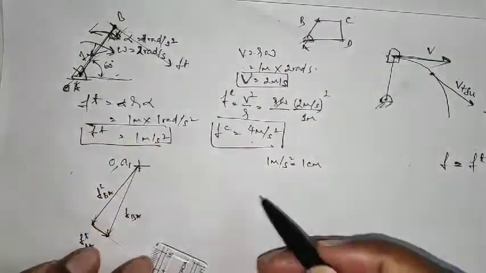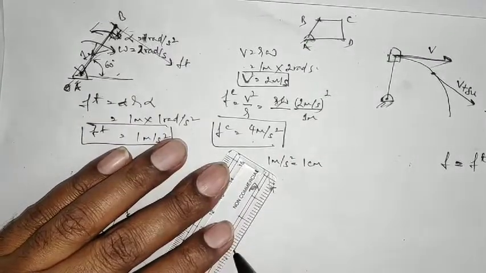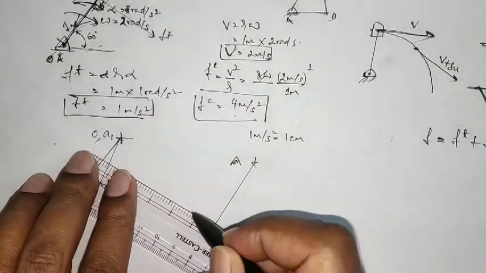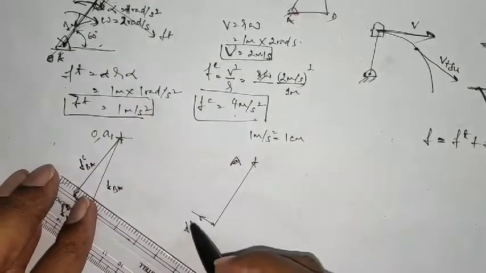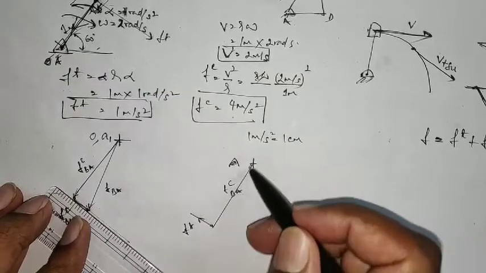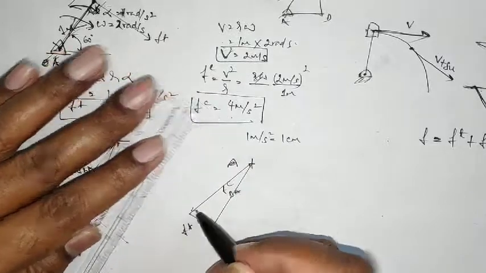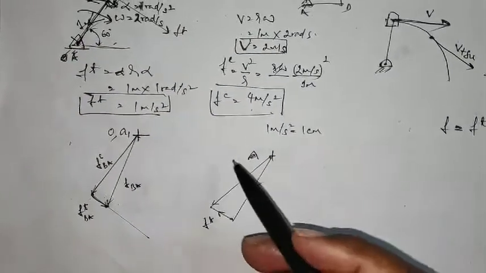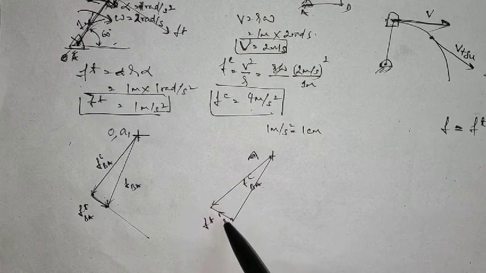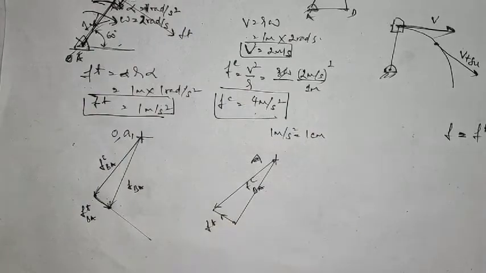So what you can expect is a diagram which starts like this, and then the tangential acceleration value will go like this. So this will be the centripetal acceleration of B with respect to A, and the tangential acceleration like this, and the final acceleration will be shown like this. So this is the way you need to take care of the tangential acceleration, because the tangential acceleration can go opposite to the direction of the rotation.